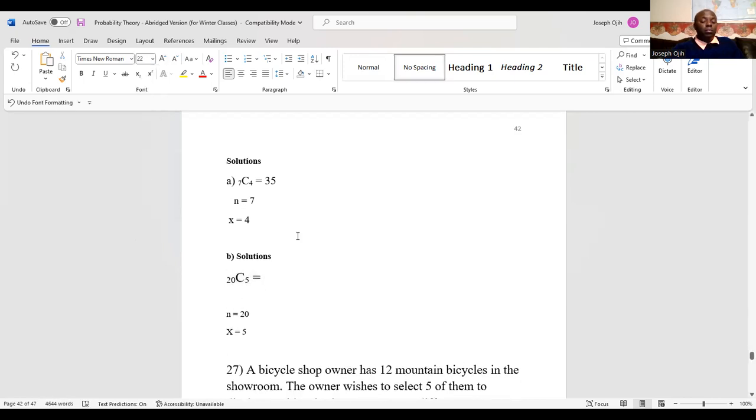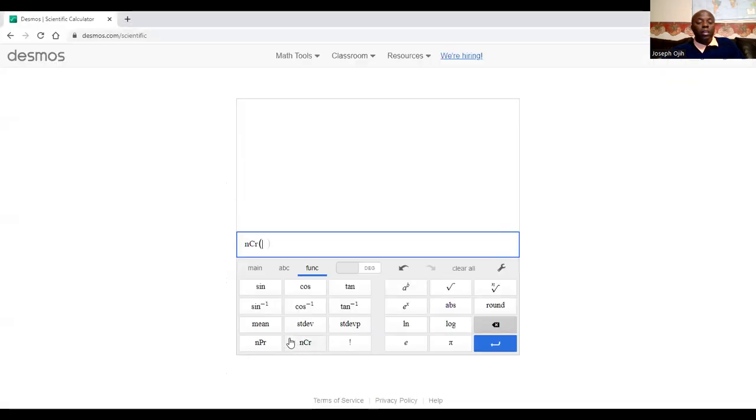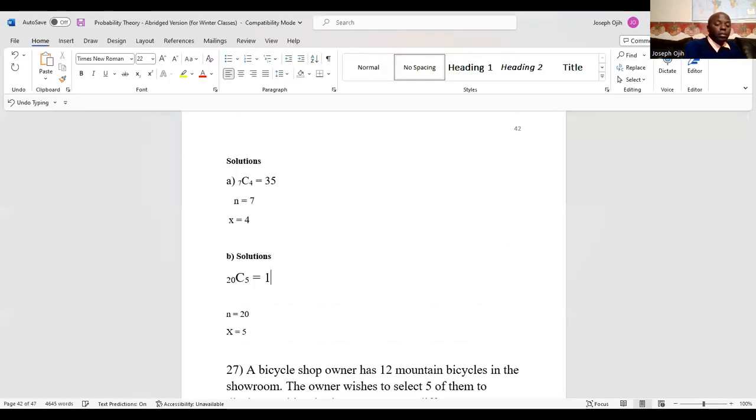We now go to our calculator. 20 combination 5. Clear. So we have nCr 20, 5, which is 15,504. Let me write it down. 15,504.